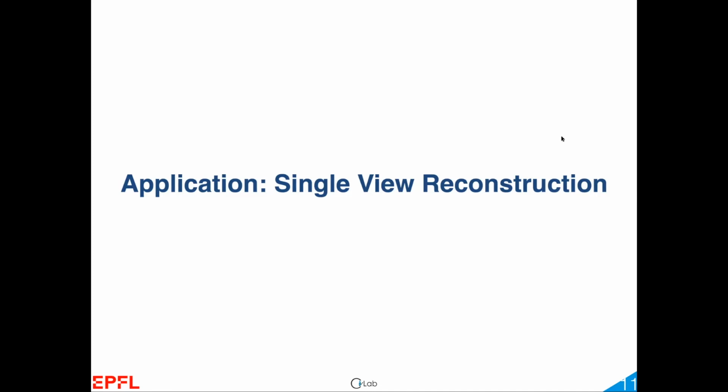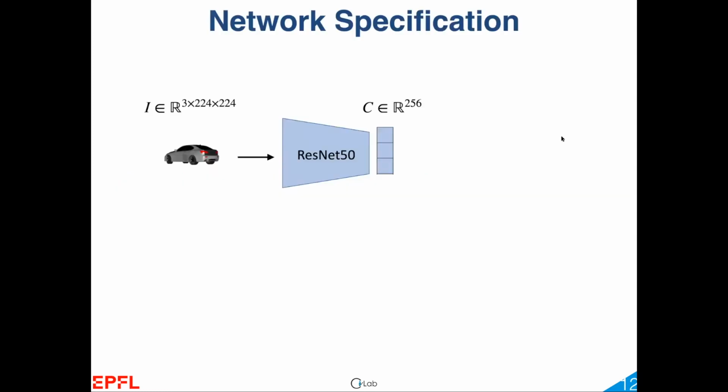Okay, so I'm a vision guy, well, at least I claim to be. So one obvious application is to reconstruct 3D objects from images. And the idea here is we are going to train a deep net to associate a code to images.